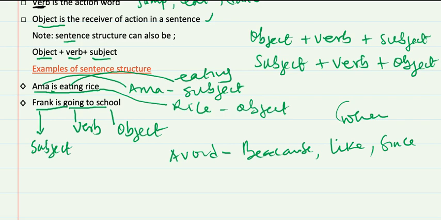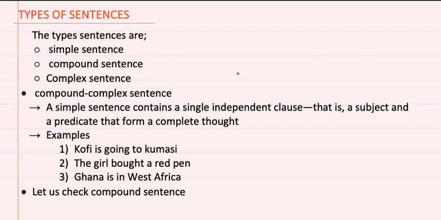Good. So let's move on to the next aspect of our sentences. We have types of sentences. We can have simple sentence, compound sentence, complex sentence, and compound complex, but we will look at these three.